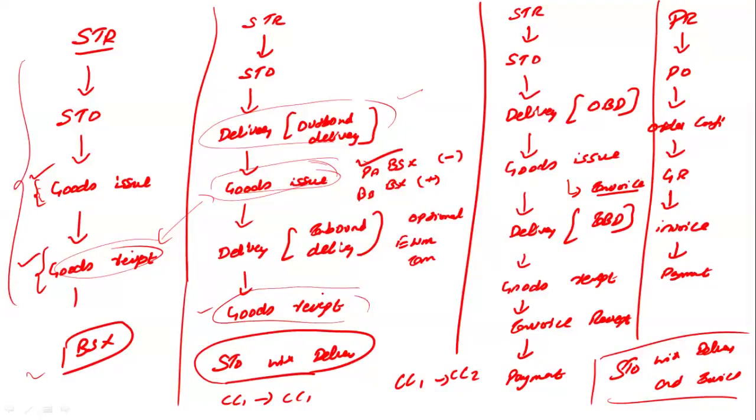There are no postings in the goods receipt. When I come to STO with delivery with invoice, here the stock gets minus and here the stock gets plus. If it is with different company code, then the financial posting happens in both the cases, goods issue and goods receipt. And when you're doing only STO with delivery, then the posting happens at only one level. Okay, so this is how the financial postings are going to affect.